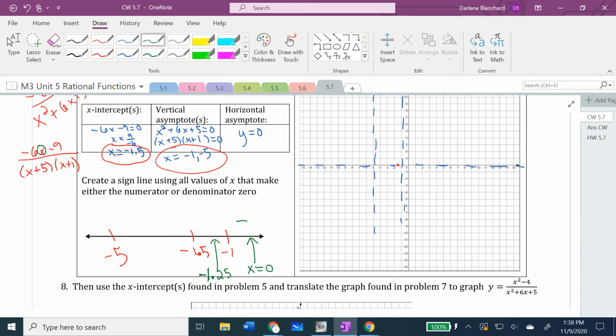I realize that this is not pretty. Negative 6 times negative 1.25, and then minus 9. These two are going to be a positive number.